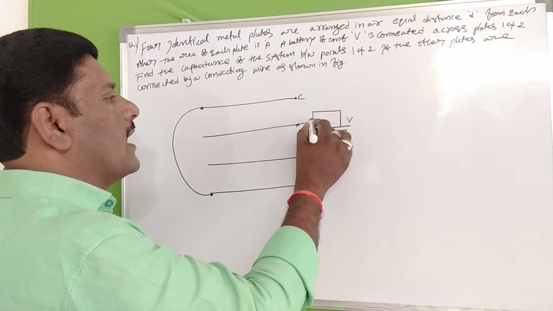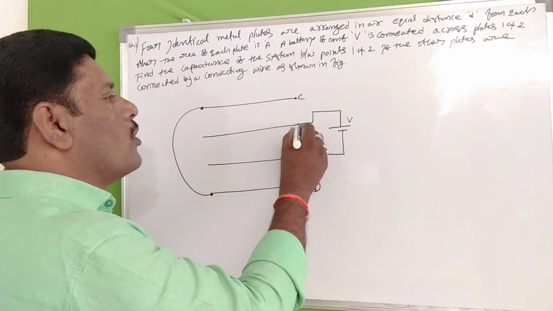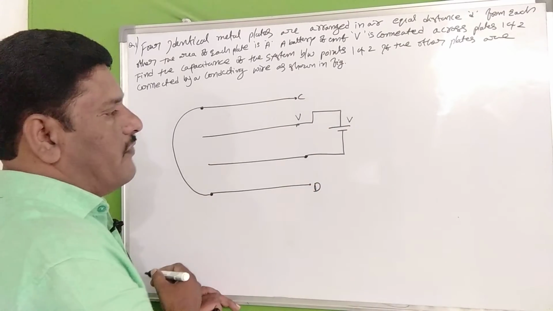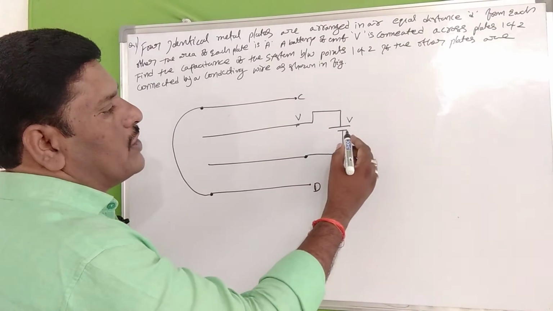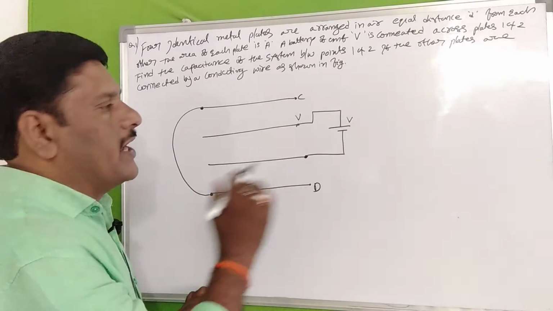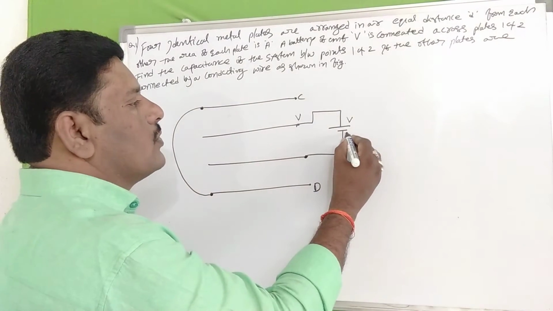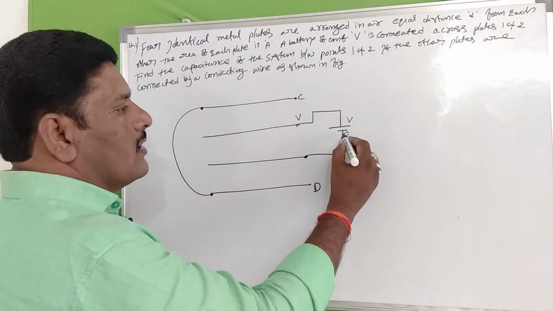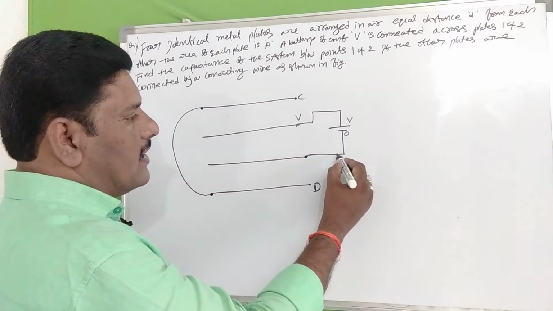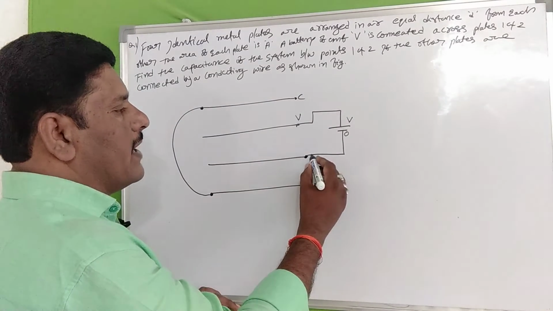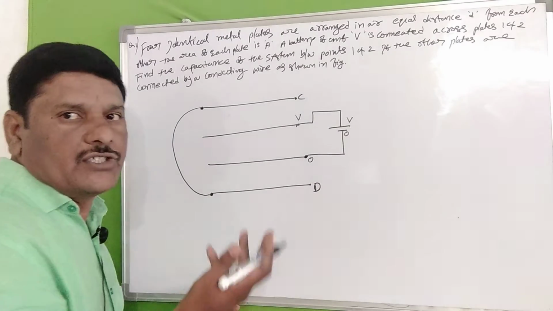There is no electrical element here, so the potential is the same, V. At the negative terminal we take the potential as 0, since there is no electrical element there either.